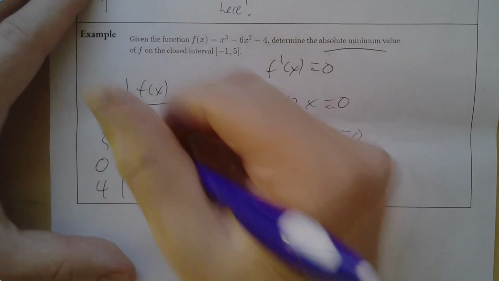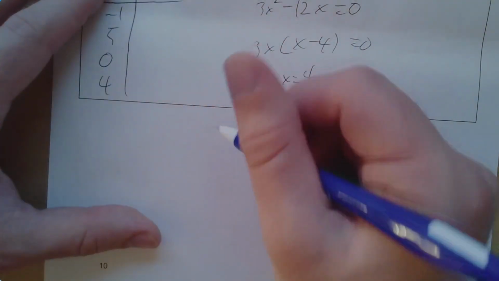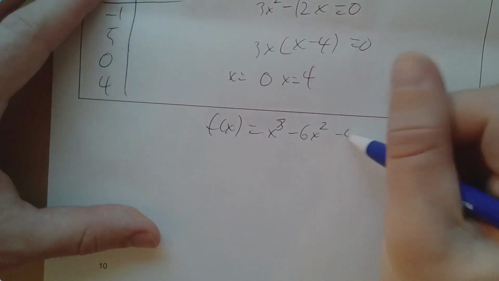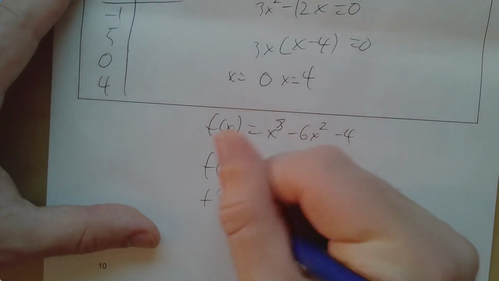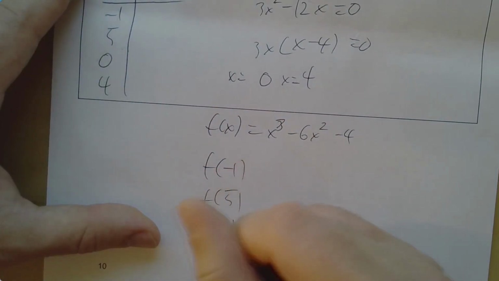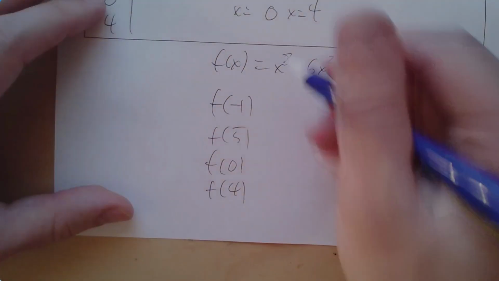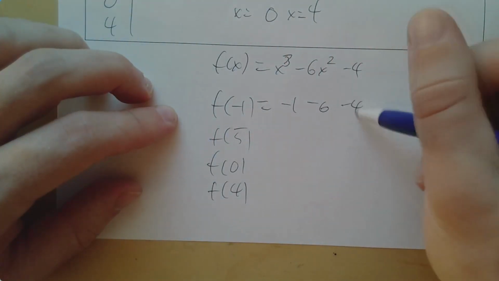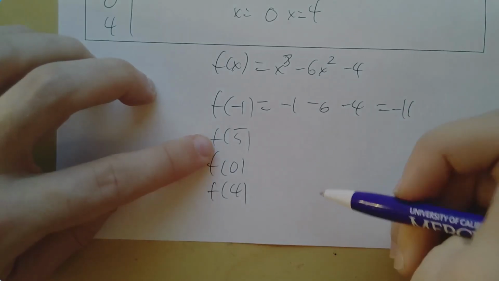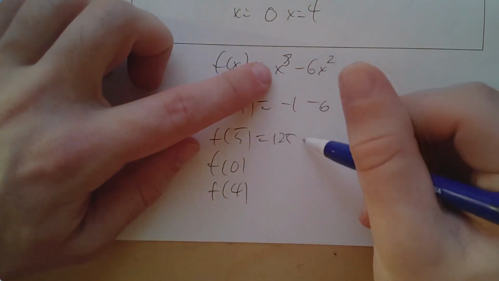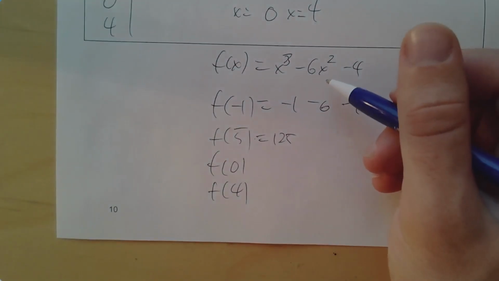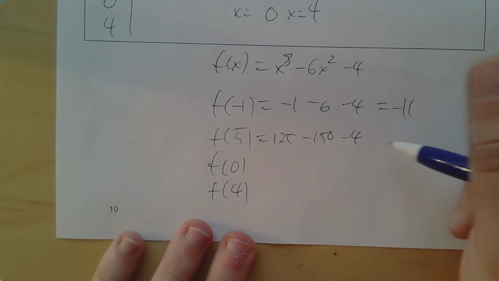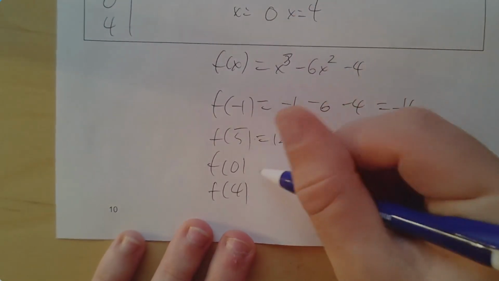My function f of x is x cubed minus 6x squared minus 4. So I basically just have to find f of negative 1, f of 5, f of 0, and f of 4. You're not plugging into the derivative, you're plugging into the original function. F of negative 1 is negative 1 minus 6 minus 4, that's negative 11. F of 5 is 125 minus 6 times 25, which is 150, minus 4, that's negative 29. F of 0 is negative 4.